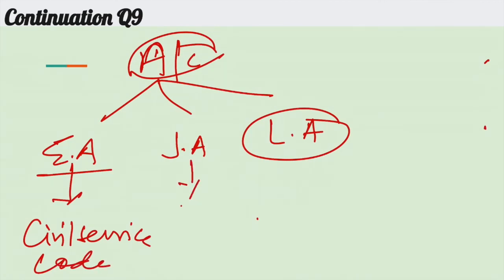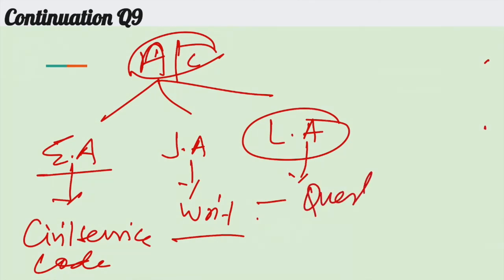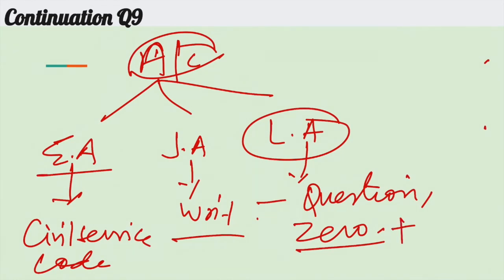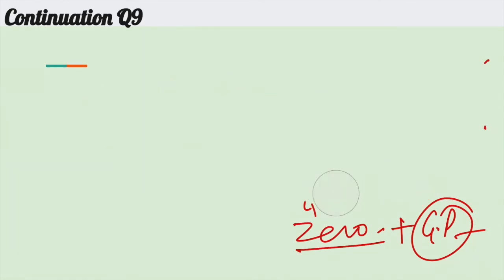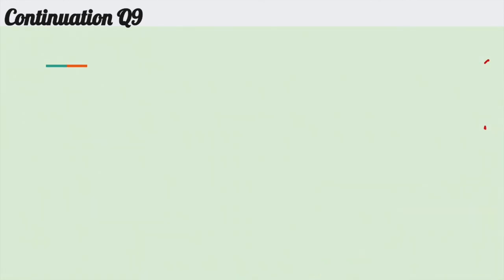Executive accountability is enforced by the Civil Service Code of Conduct. Judicial accountability is enforced through writ petition. Legislative accountability is ensured through questions asked during Question Hour, Zero Hour, and then you can also talk about whenever a question of general public importance is raised on the floor of the house.